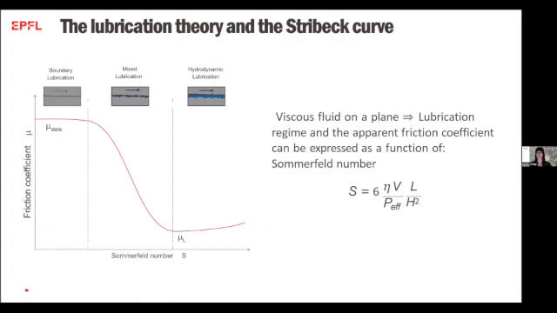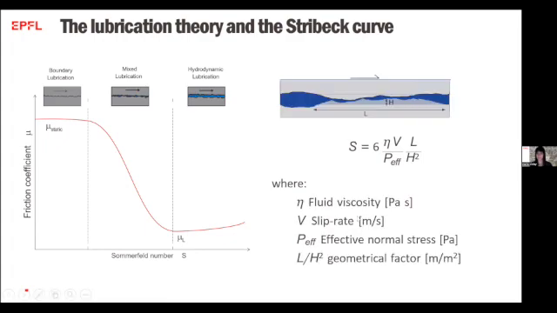And the apparent friction coefficient, the dynamic one, can be expressed as a function of what we call the Sommerfeld number. The Sommerfeld number is simply the viscosity in Pascal seconds, the slip rate in meters per second, the effective normal stress, and the geometrical factor.